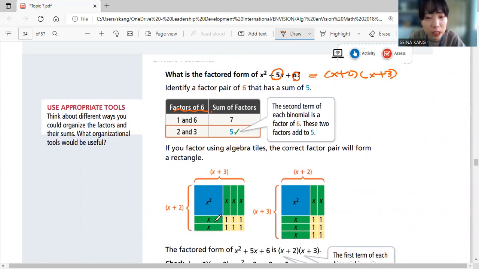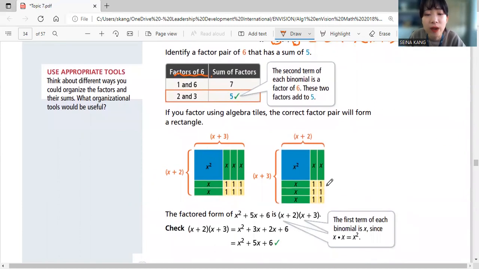So all of them together would be x squared plus 5x and 6. Okay, so the factored form of x squared plus 5x plus 6 is x plus 2 times x plus 3. So now we're working backwards. We're going to factor the polynomials out. Okay, and you can check by multiplying them out and see if you get the same answer as the original polynomial. And yes, it does.